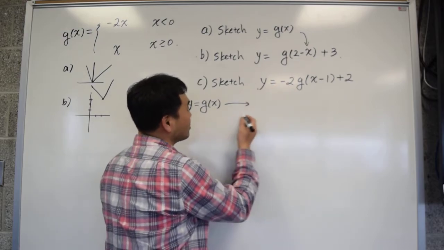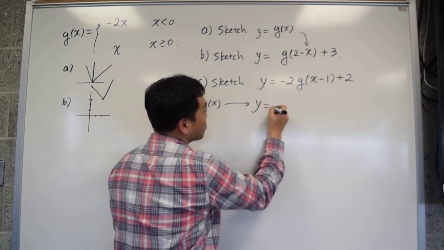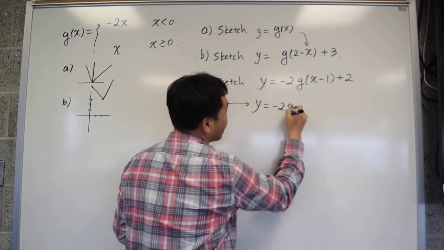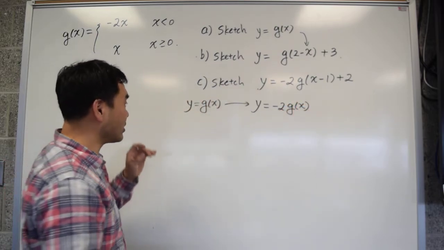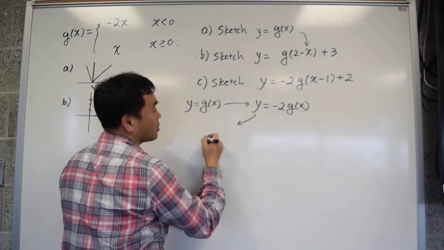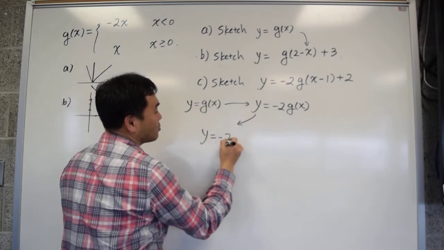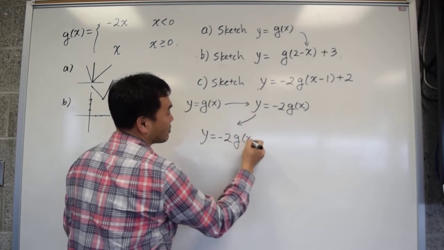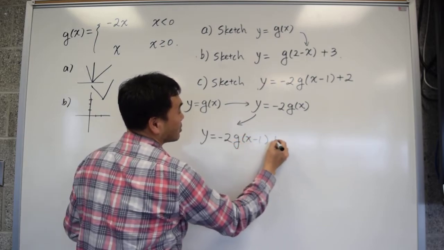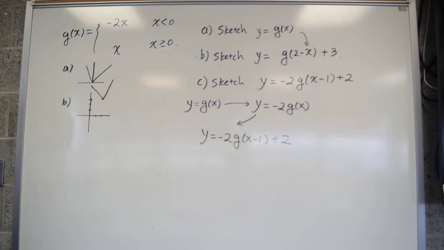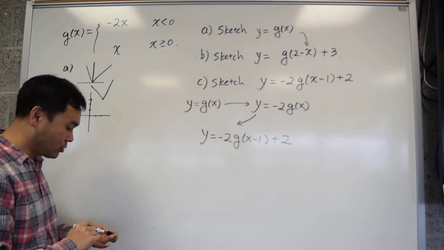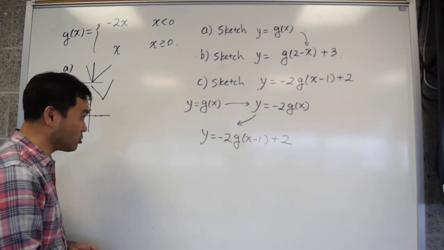So I want y equals negative 2g of x. And only after doing that you do y equals negative 2g of x minus 1, plus 2. Let's think about each of these transformations.